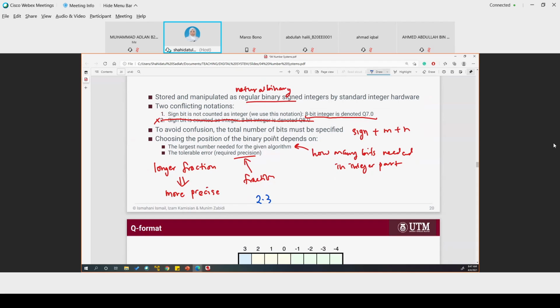But when we want to find the decimal value of the Q format, we need to calculate the sign bit here, but we put the negative, just like when we translate the 2's complement.